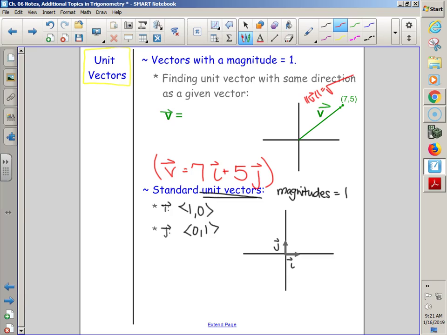Wouldn't I find it by taking the square root of a squared plus b squared? You guys are doing the math. 49 and 25 is 74, right? Square root of 74. But long story short, is it more than 1? If they ever ask us to find a unit vector with the same direction, it's going to have a different length.